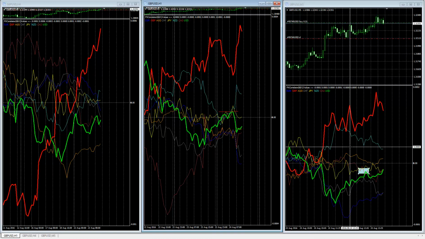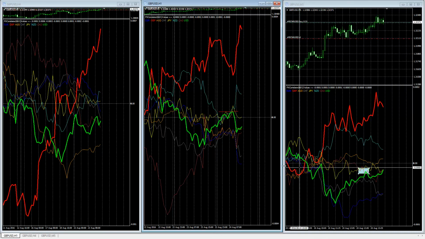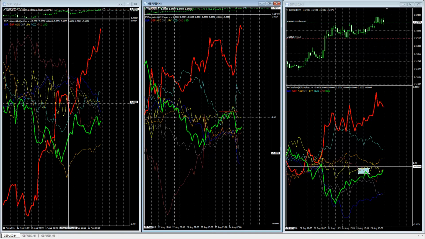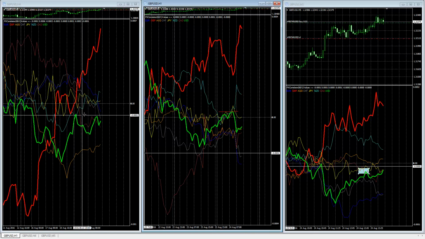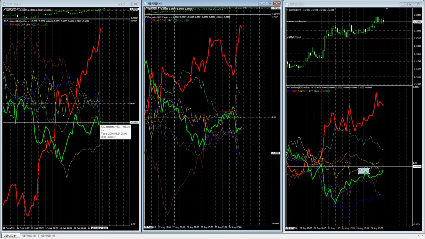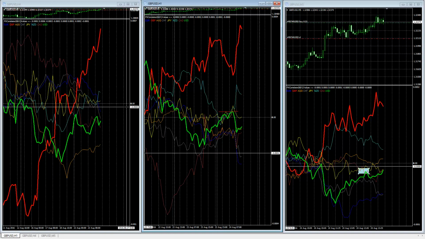Okay, so this is how the system works. You basically want to find the strongest currency and then try to find the best opportunity versus some other weak currencies. So for example, on the 4 hour time frame, we got pound strong. We have so far Australian the weakest, but Australian is picking up. Anyway, this green one is the dollar, and the dollar is below the zero, which means that this is a weak currency.